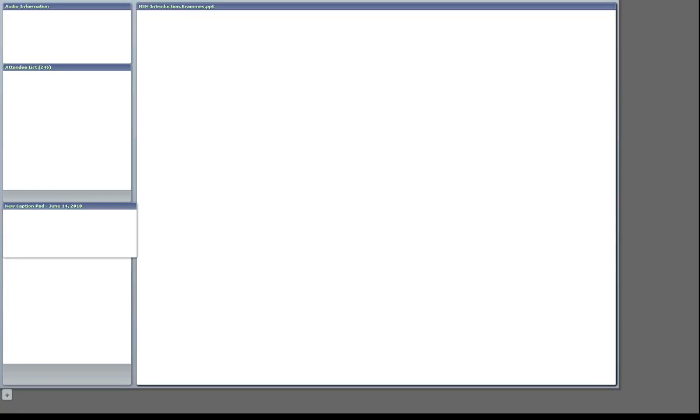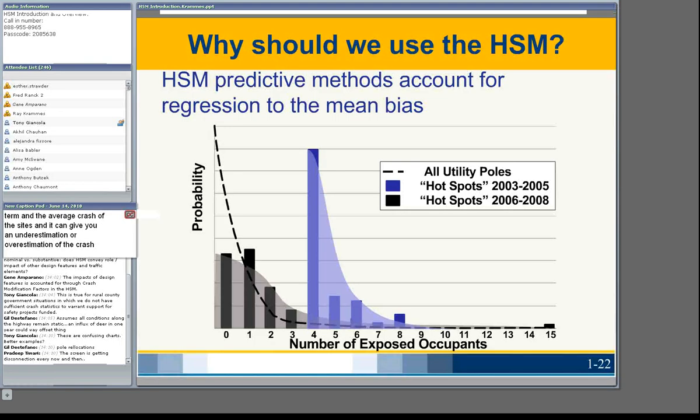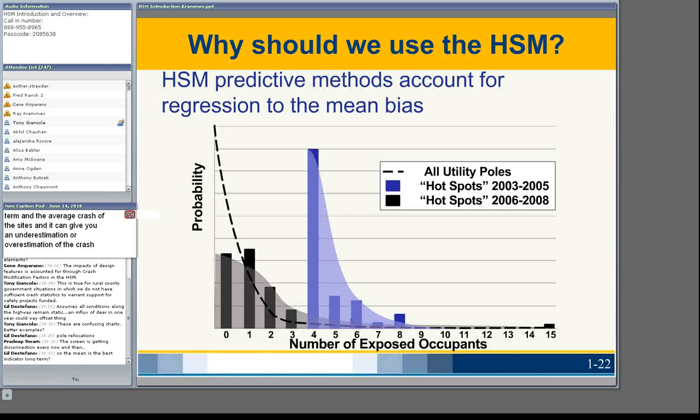So, particularly in network screening and project scoping, it's important that we account for regression to the mean bias in our estimates of expected crash frequency. And again, fortunately, Highway Safety Manual predictive methods do that. They apply appropriate statistical methods to address regression to the mean bias.